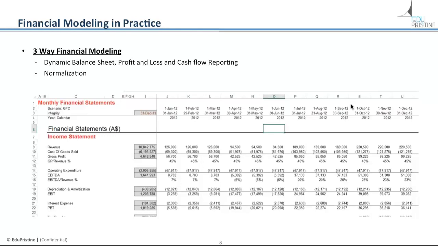So we're looking at the moment the idea of a 3-way financial model, and for those who aren't familiar with 3-way financial models, they're essentially a suite of financial statements. The professionals that have had some experience will be very familiar with these. They're the suite of the profit and loss statement or the income statement, the cash flow statement, and the balance sheet.